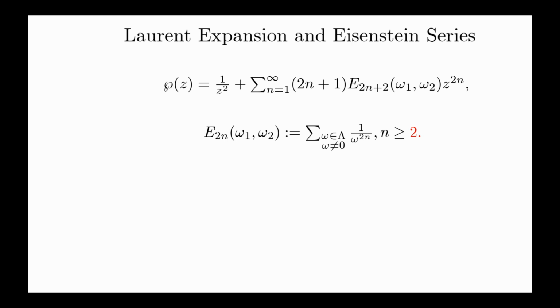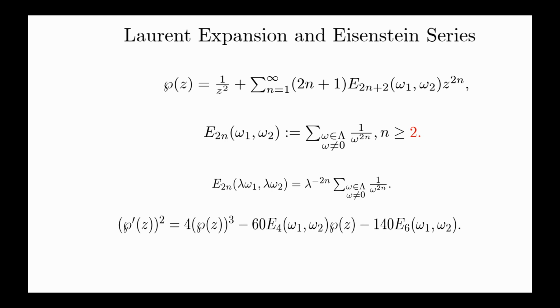And E of 2 is important. So what we note at the moment is that the Eisenstein series of order 2n is homogeneous of degree minus 2n, which is very easy to see. And this fact is going to be important in our construction of j. So here's the differential equation satisfied by the Weierstrass P function, but we have rewritten it in terms of Eisenstein series.